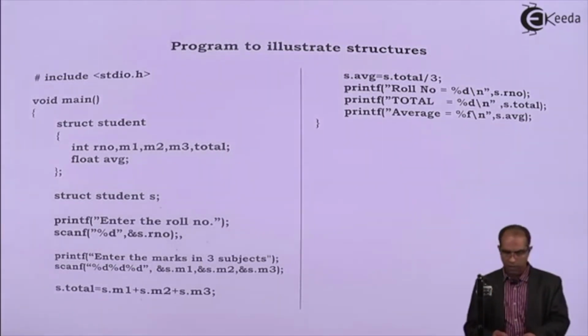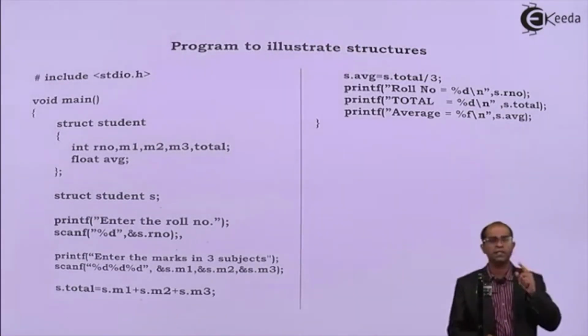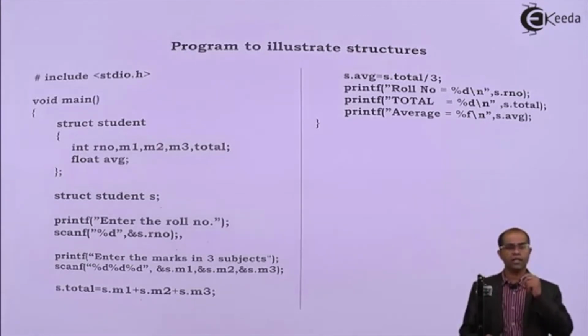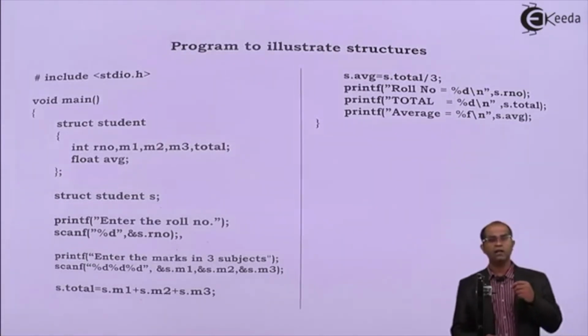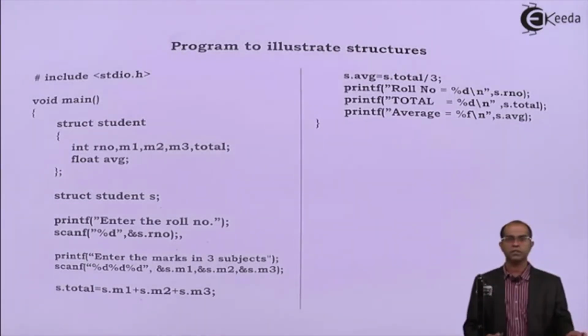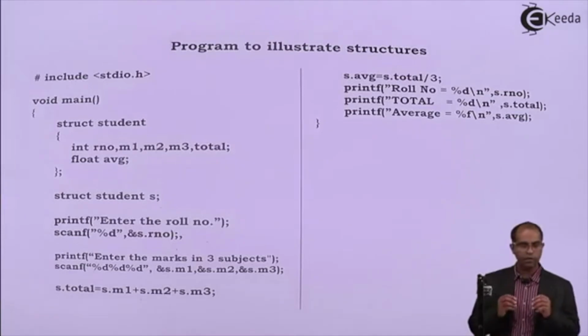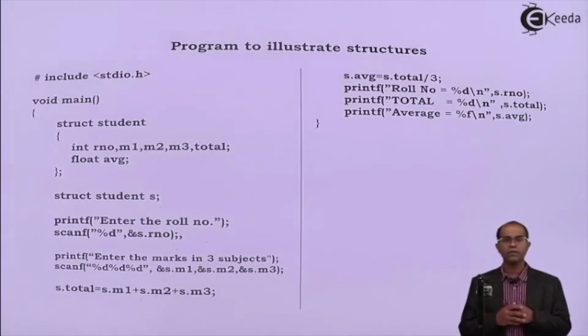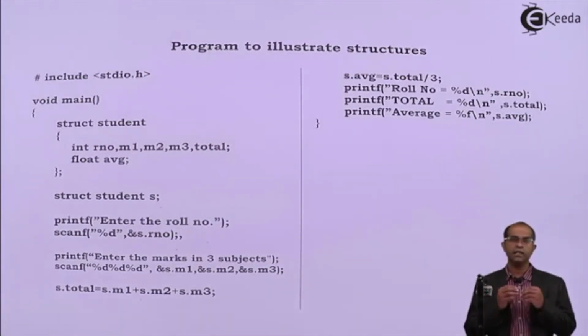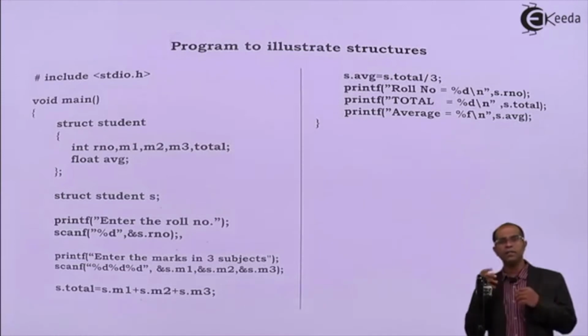Since in this program I'll illustrate this for only one employee, later on we'll take one more example where I'll illustrate the array of structures. Basically, suppose I had to read the roll number of a student, and then read the marks scored by the student in 3 subjects, and then calculate the total.